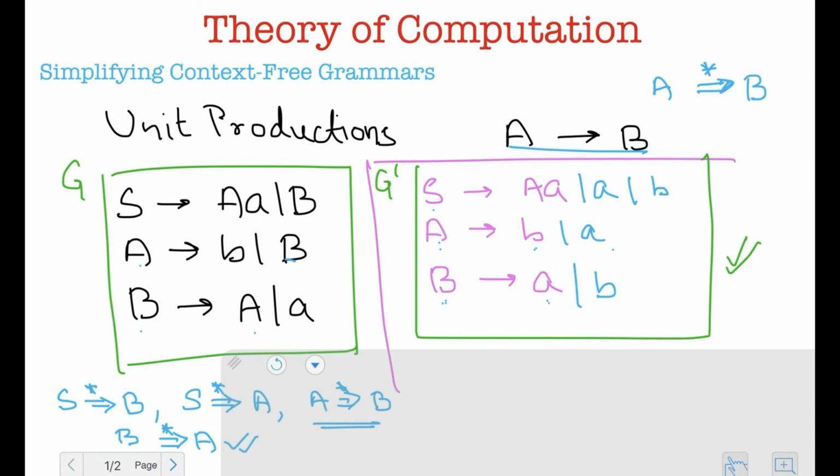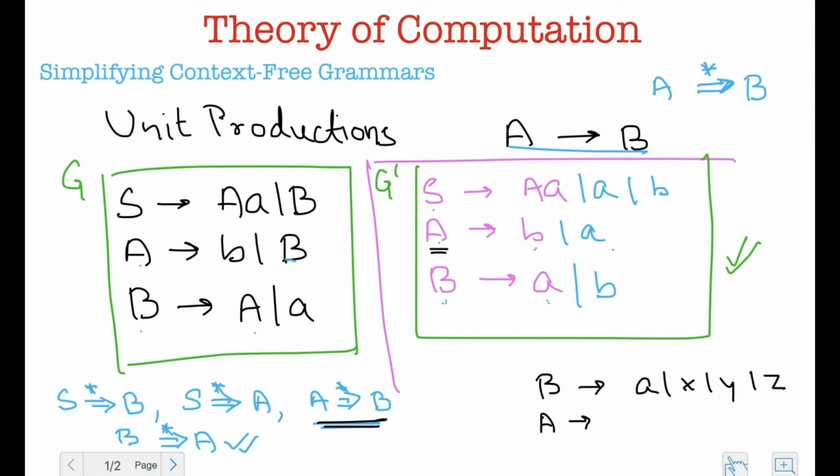So what I said was, let's say capital A yields B here. So what I do is whatever I have in B, so if I had let's say B goes to A or X or Y or Z, then I would have had to add to A. I already had A goes to B. I would have had to add A, X, Y, Z, all of them there.